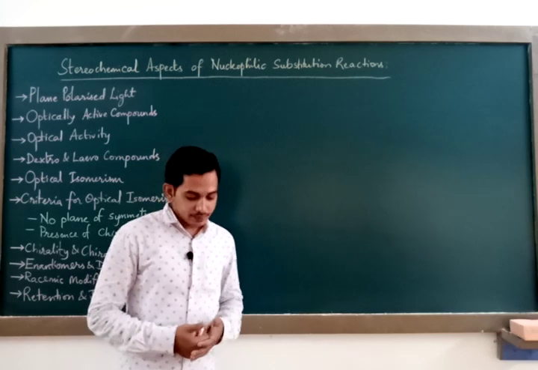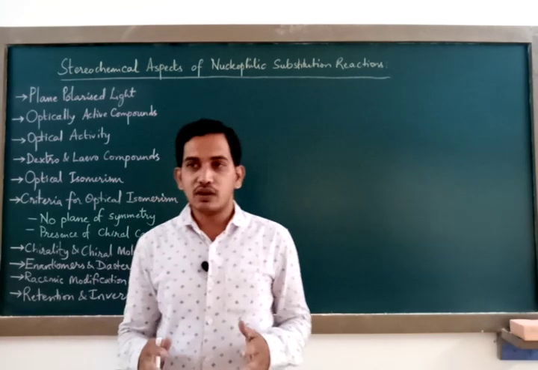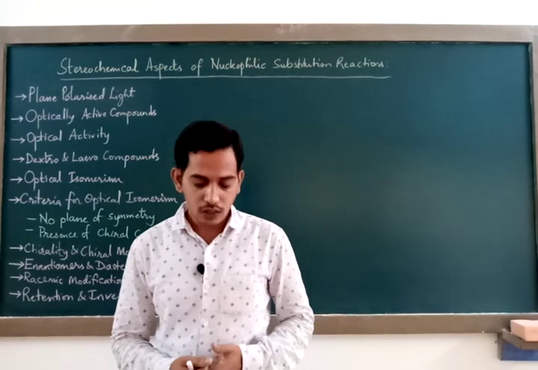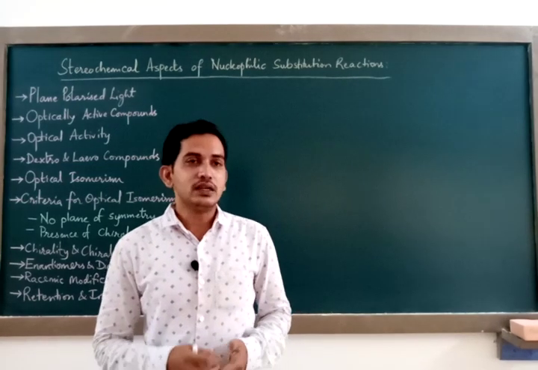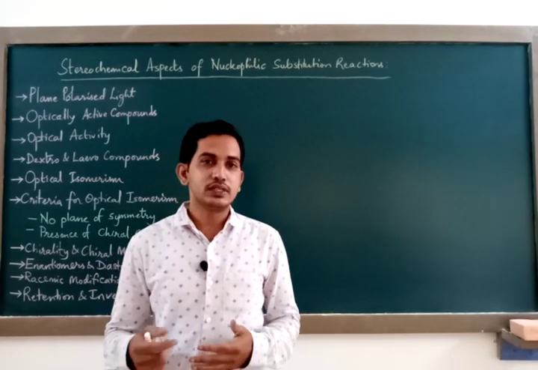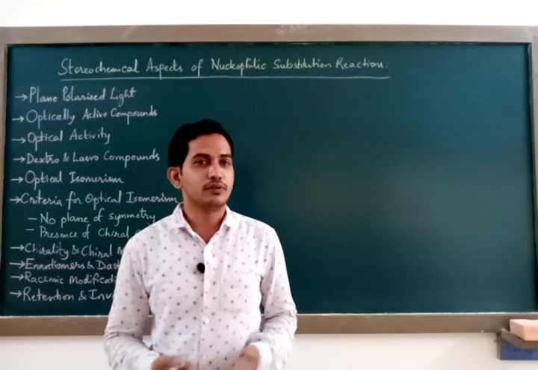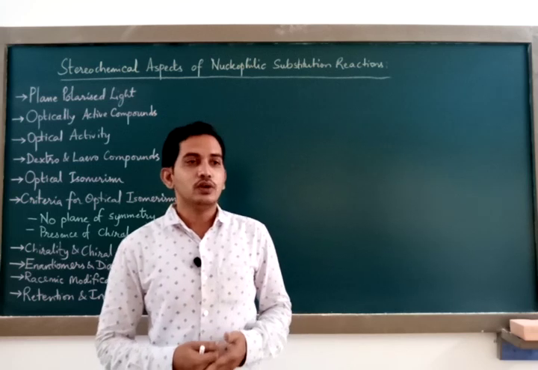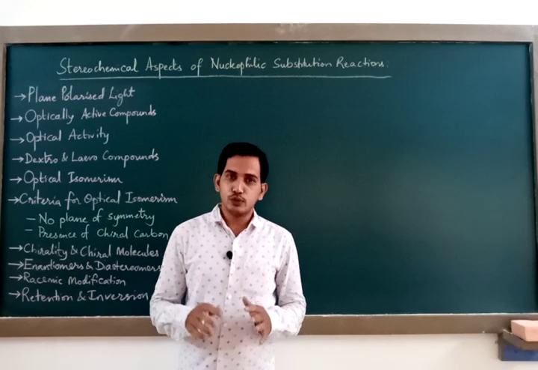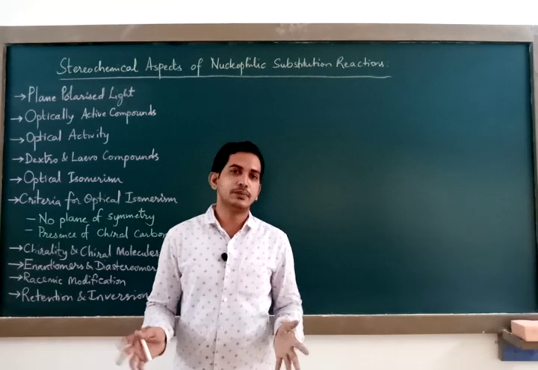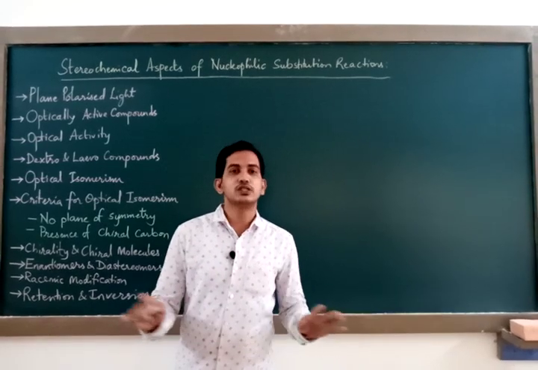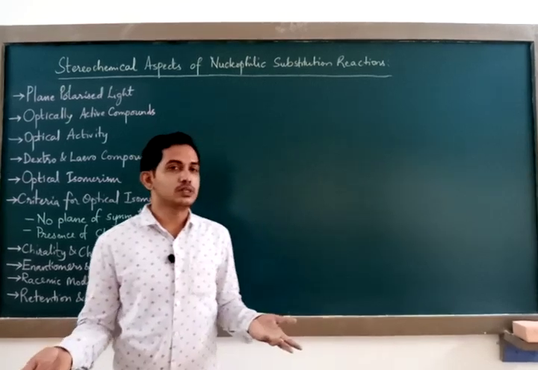So to understand that, let us know first how light behaves. We all know that light travels in the form of a straight line or in the form of a wave. Now ordinary light is composed of waves that move in all possible directions, or in all possible planes.